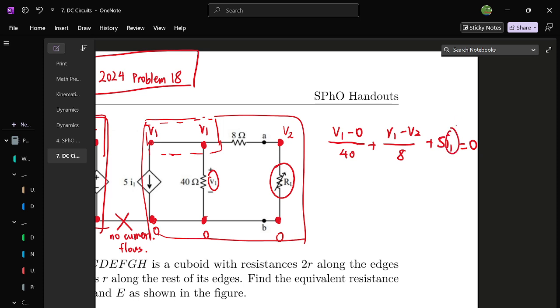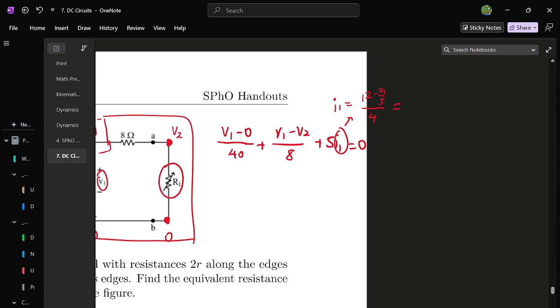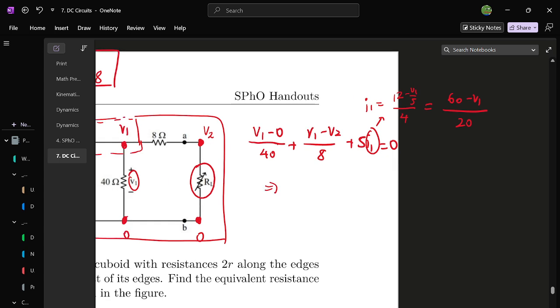And if you sub in your I1 from just now, your I1 is just (12 minus V1) over 5 over 4, which is just (60 minus V1) over 20. Now you sub this in, you will get V1 over 40, (60 minus V1) over 4, plus (V1 minus V2) over 8 equals 0.